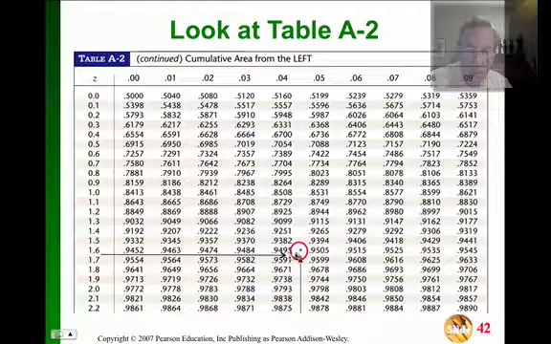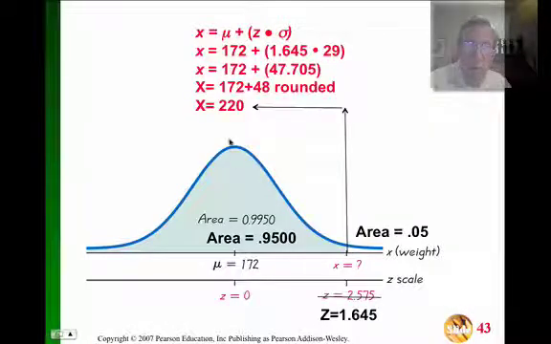So 95%, remember, lies right between these two numbers, 94.95 and 95.05, but the z value, 1.645, is what I'm interested in, because I can put that into my equation and say, okay, if I have a mean of 172 and a standard deviation of 29, I'll multiply it by that z value, which is tied to the 95% probability, and I get 172 plus 47.705, 172 plus 48.